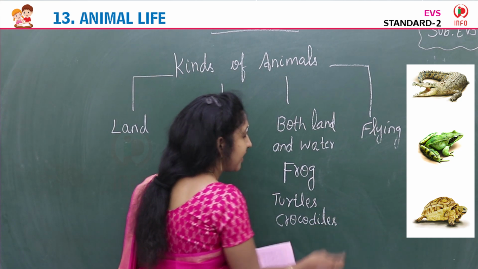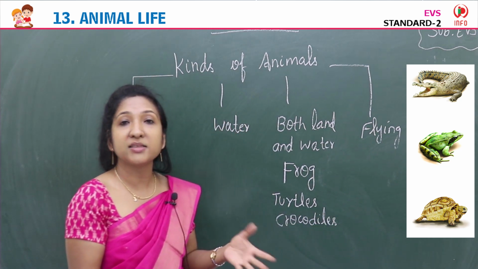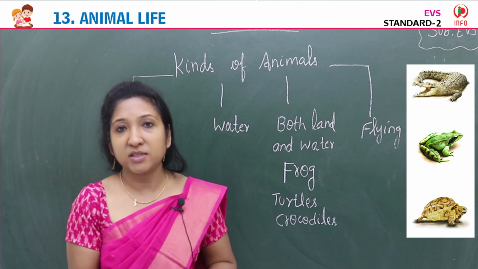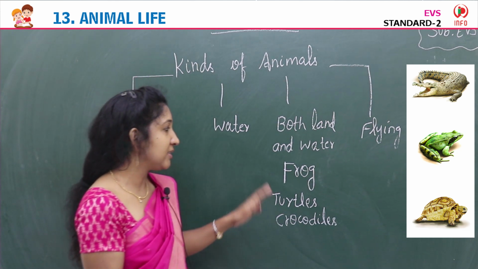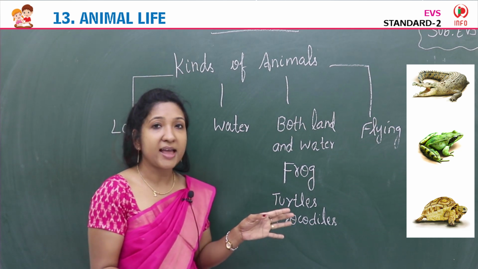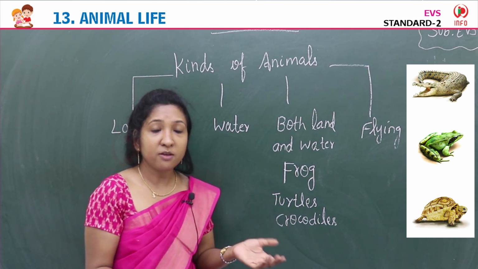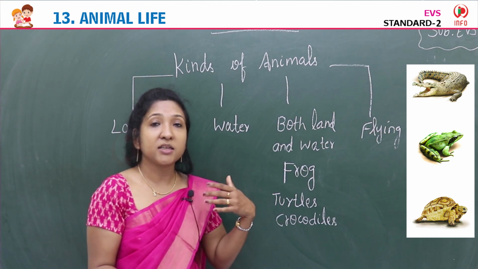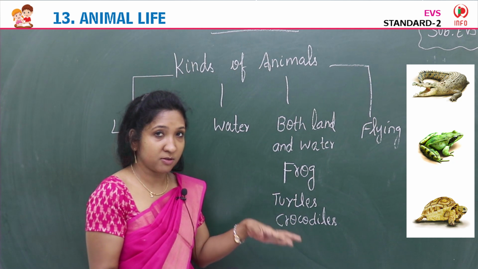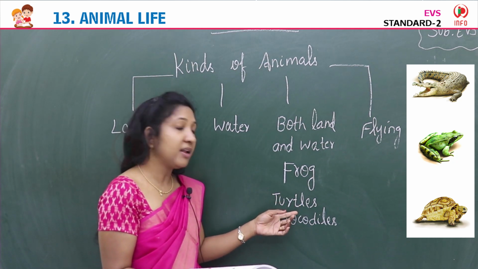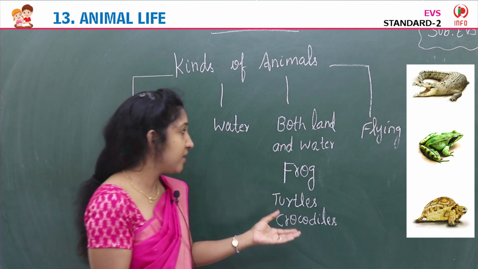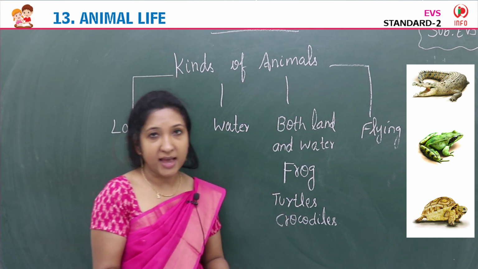So these are the animals that live both on land and in water. Frog has special back legs which help it to swim in water and hop on land. Then other land and water animal examples are turtles and crocodiles.